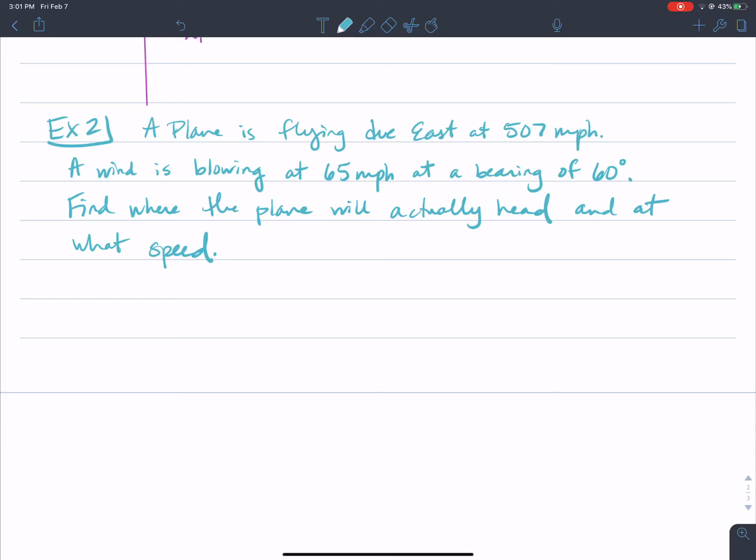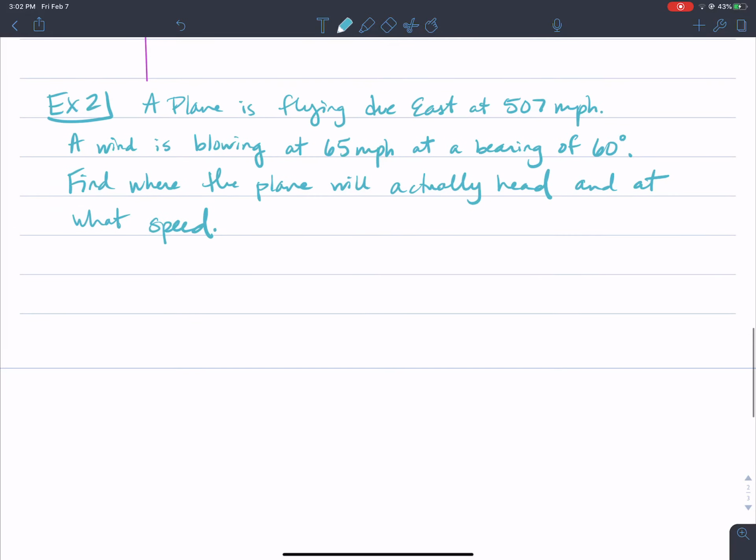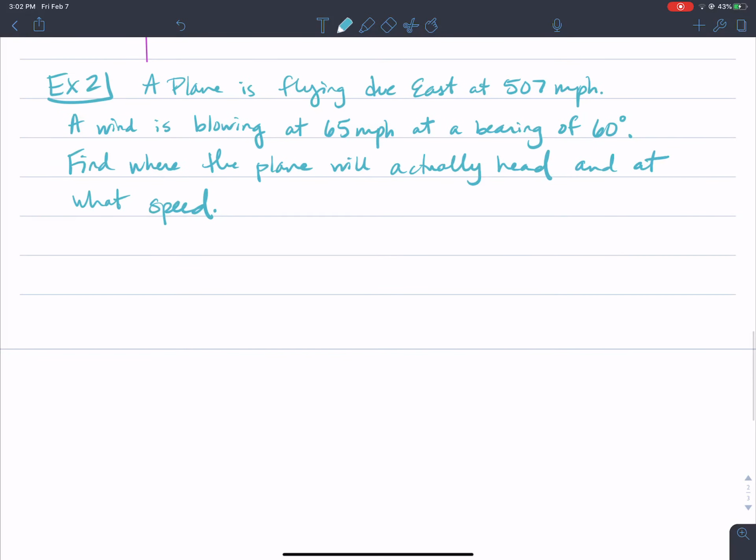All right, because there is a wind in this problem, the wind is going to affect how the plane ends up really flying. The plane's trying to fly at 507 miles per hour. The wind is blowing at 65, so it's going to alter the plane's speed and the plane's path. The pilots adjust for this sort of thing, but this is basically what's happening. So again, we are going to draw a picture.